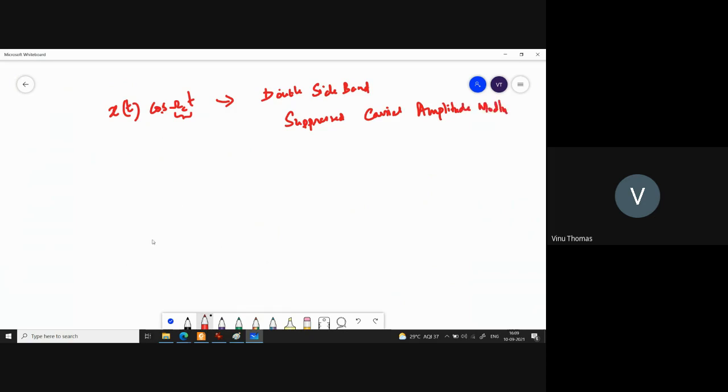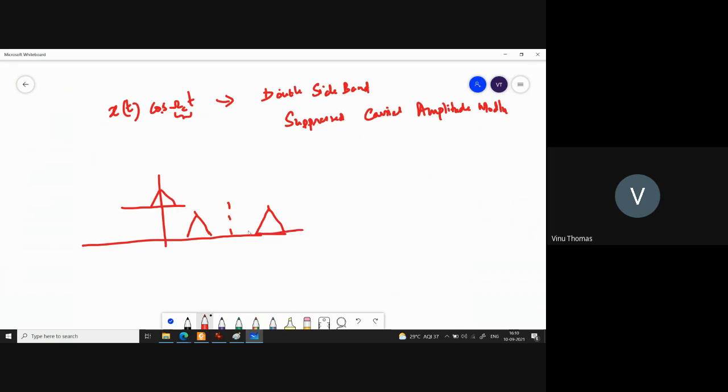So here, for example, if x of t has a spectrum like this, then after double sideband suppressed carrier modulation, if I multiply this by cos omega c t, you will have a lower sideband and an upper sideband.